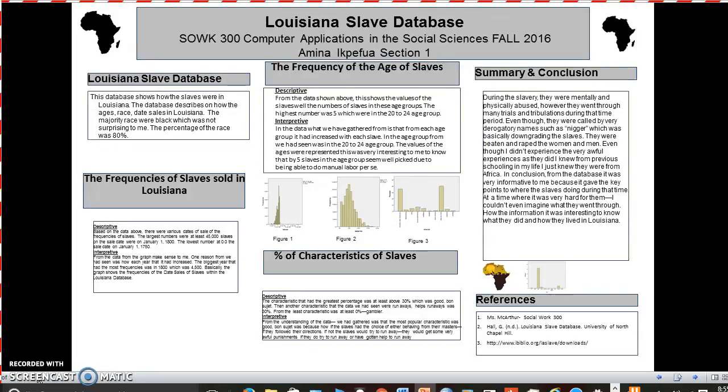Basically, 5 is how many slaves are in this age group, and 5 was in the 20 to 24 age group. And I was like, oh, okay. The values represent each age group.